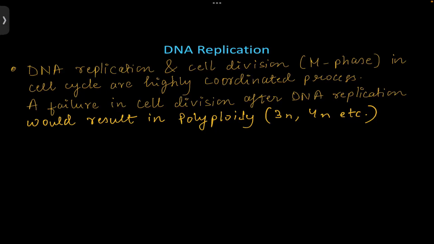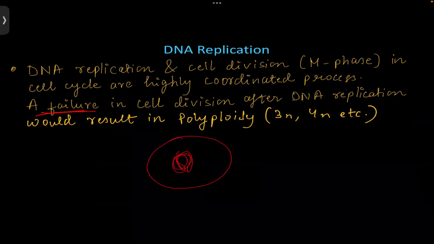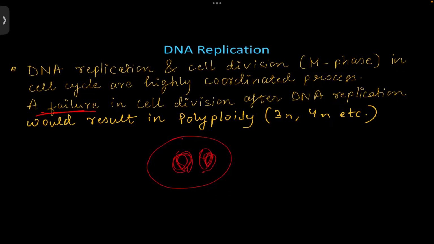If that doesn't happen, then one cell will have one copy of DNA and another copy of DNA. So a cell containing more than one copy of the whole genome gets formed. And this type of abnormality is called polyploidy, which we saw in the last chapter, right?